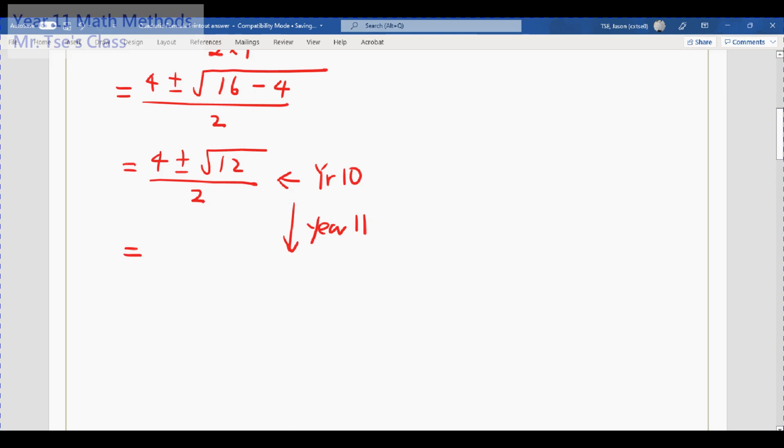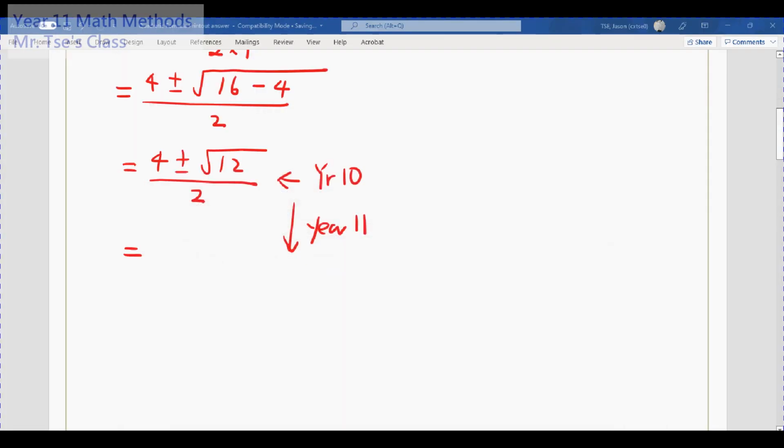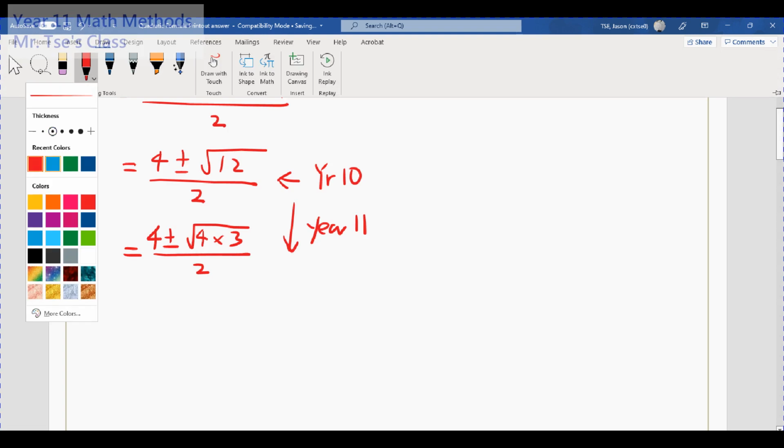Still remember that square root, we can further simplify the 12, because 12 is very special inside a square root sign. Let me show you a little bit. Can we rewrite that 12 as 4 times 3? That's very important: decomposition.